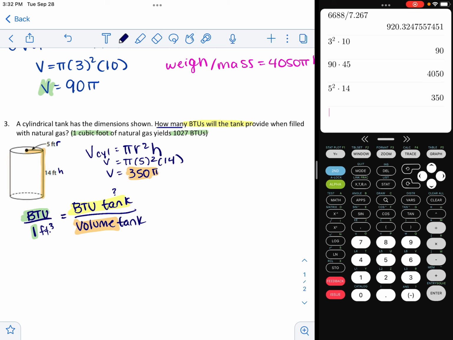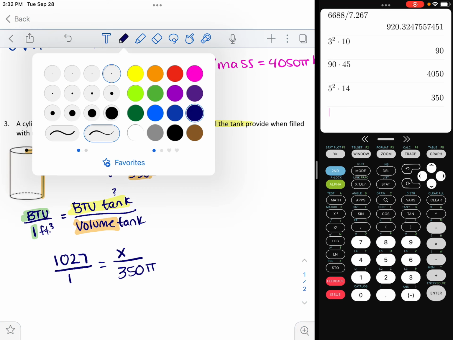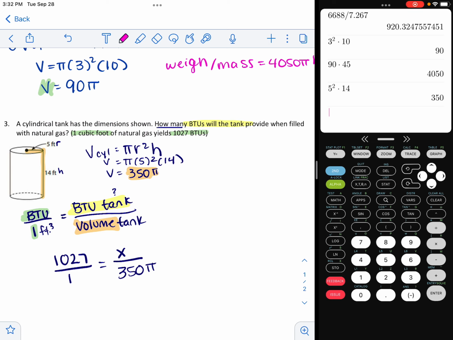So now I'm ready to plug in. We have 1,027 BTUs over 1 equals the BTUs in the tank, which is what we don't know. I'm just going to put an X. You can write BTUs, it doesn't matter, over the volume, 350 pi. Now it's time to solve for our variable X here. Notice it is being divided by 350 pi.